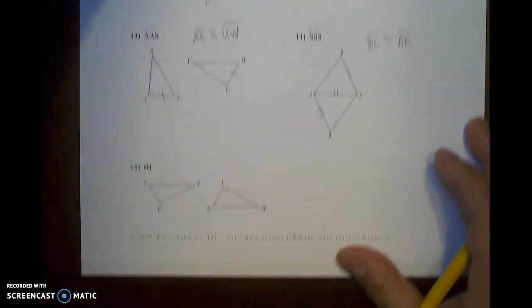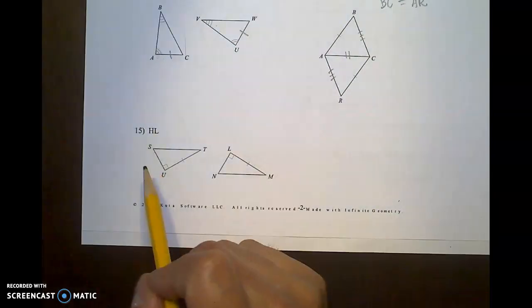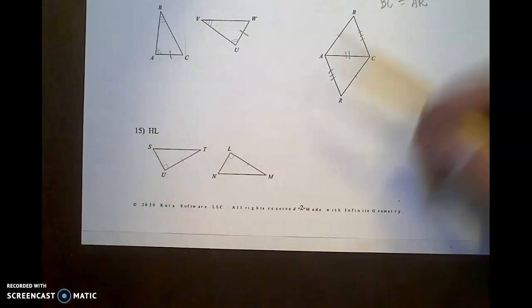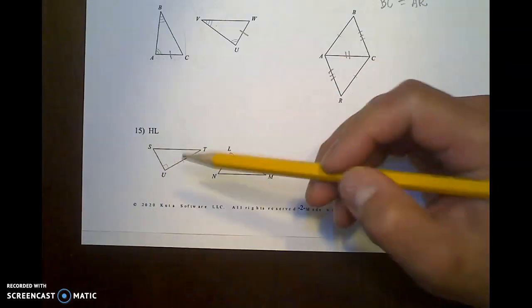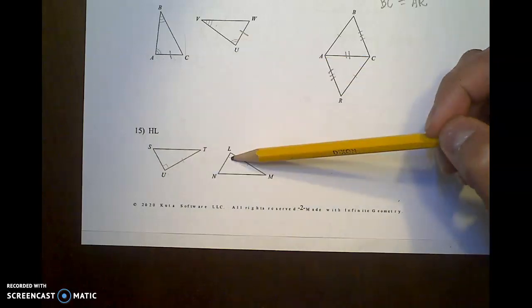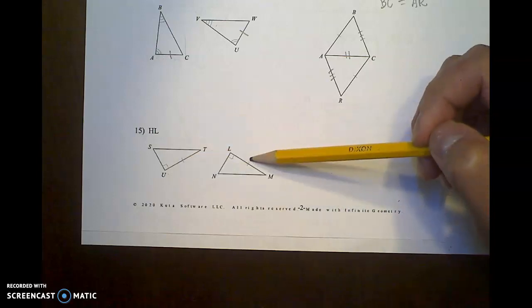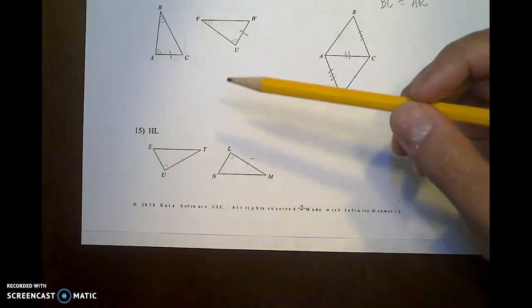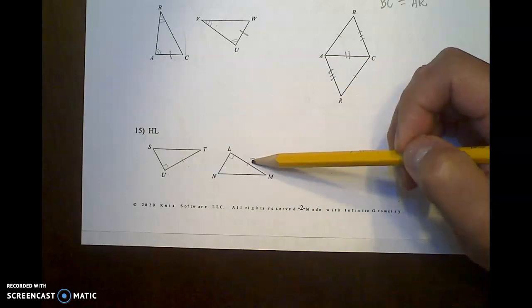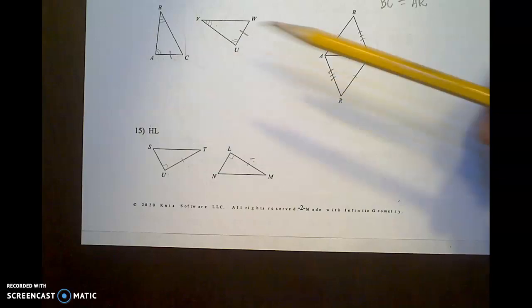Alright, last example, for 15, we want to prove these 2 triangles congruent by HL. Remember, for HL we need right triangles, and we definitely have right triangles here because of the right angle symbol. And we have this side congruent. So now we need to figure out, is this tick mark congruent side an H or an L?